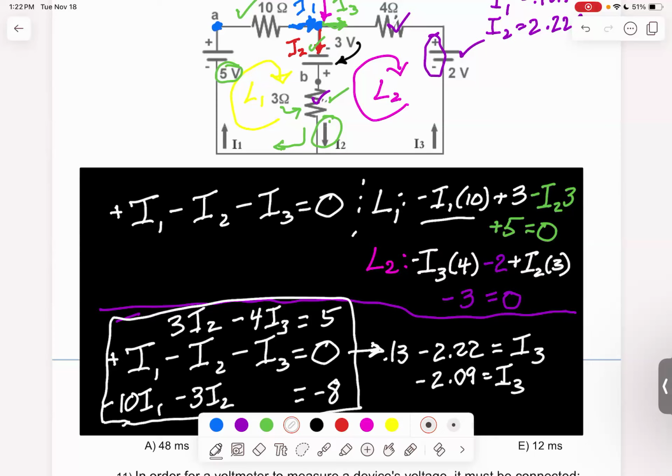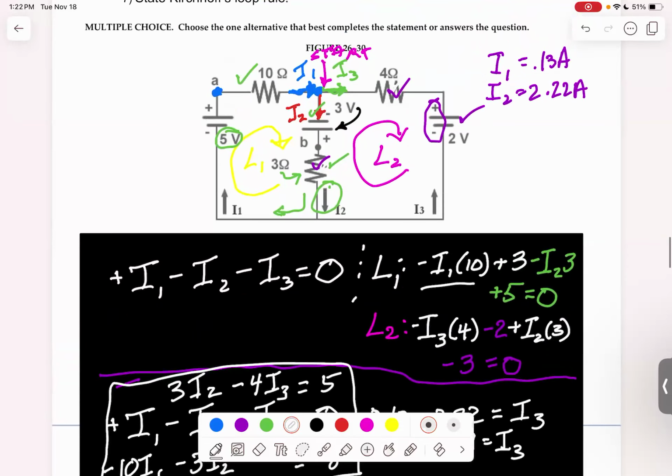And remember, I said not to worry about the direction. This minus sign tells us that we need to change the direction of what we assumed it to be. So I3, if we were to make a correction, points in the opposite direction. So change direction in your final drawing. Okay.